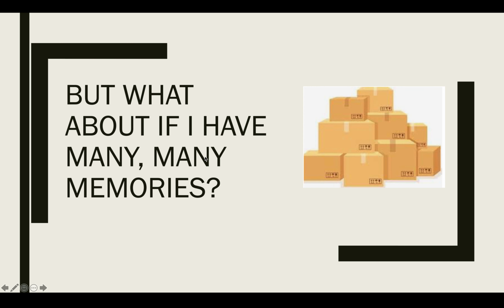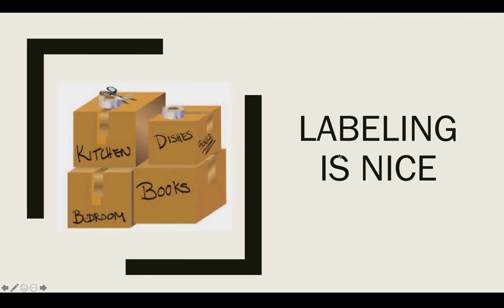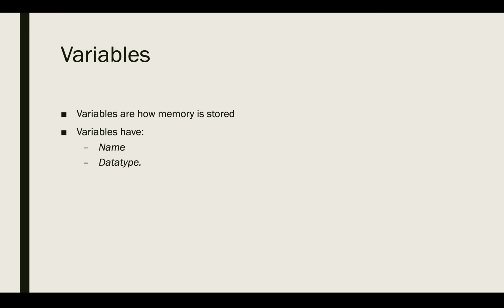But what if you have so many memories and you want to find out where the memory is stored? That's where labeling comes in. So I can find kitchen supplies here, dishes here, books in here, and basically you store memory in a box. And that's what variables are.